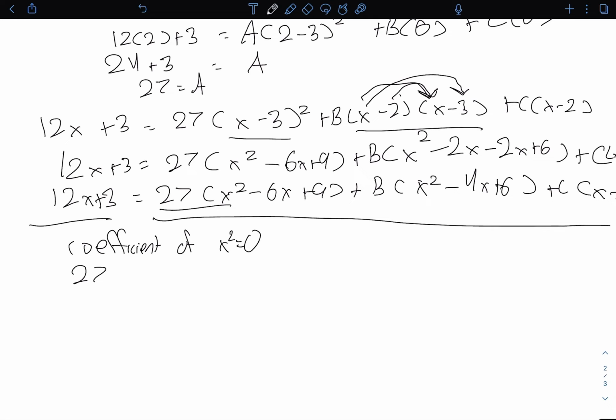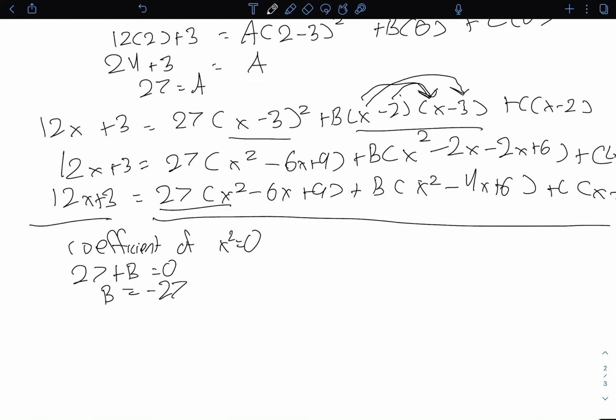The coefficient of x squared over here is going to be 27x squared plus bx squared. So 27 plus b is equal to 0. I hope you understand what I've done here. So b is equal to negative 27.